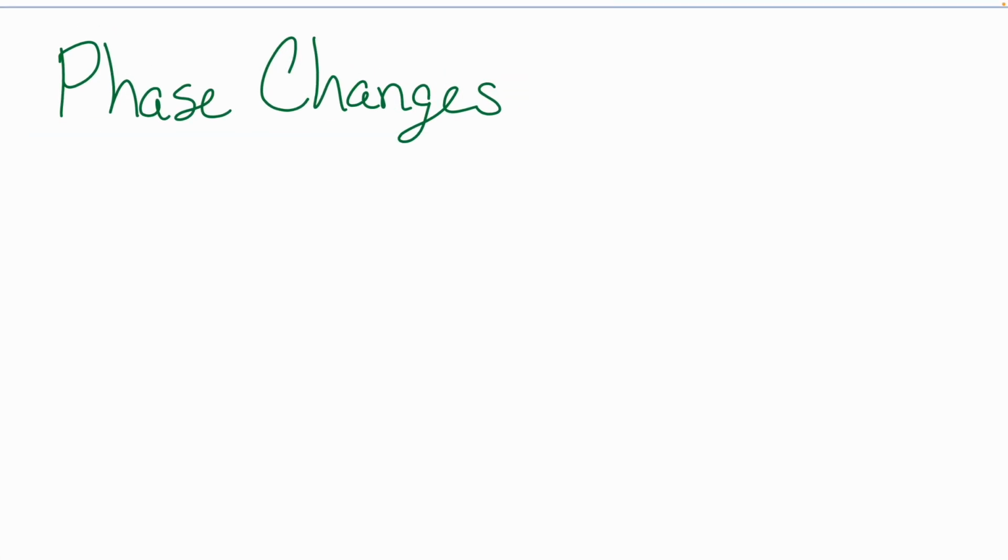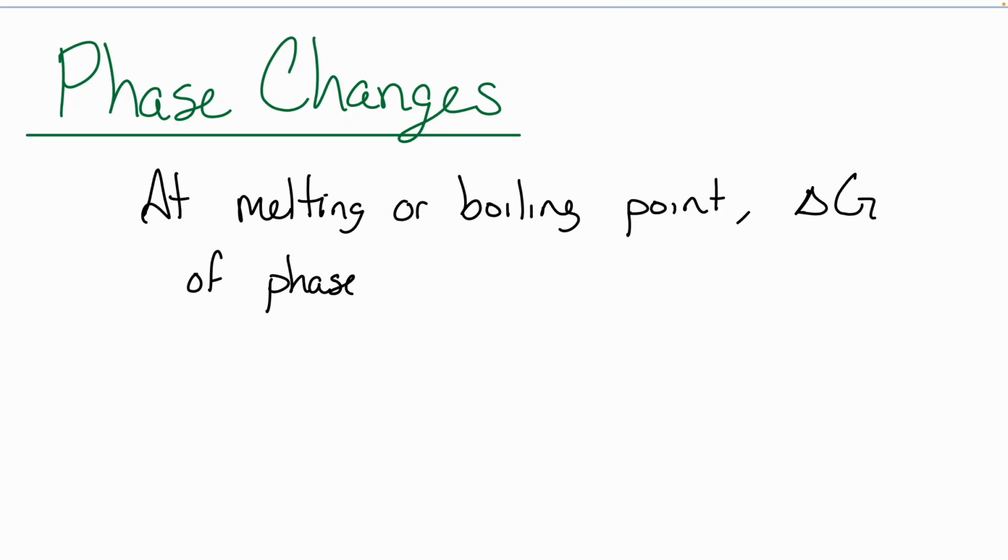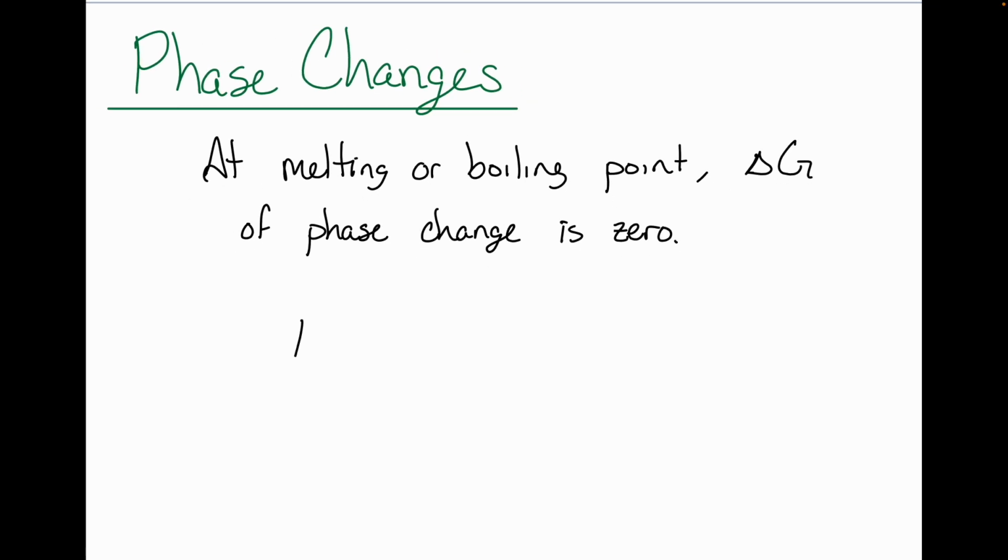All right, importantly, at a melting or boiling point, the delta G of that phase change is equal to 0. So let's take water, for example.